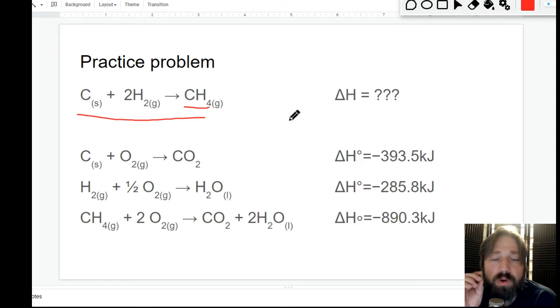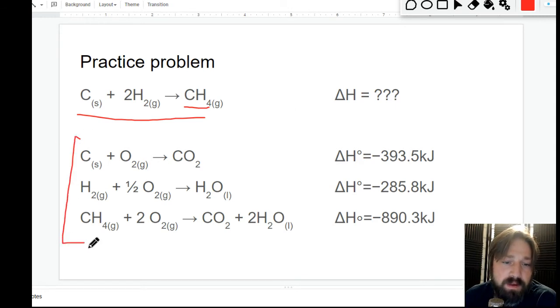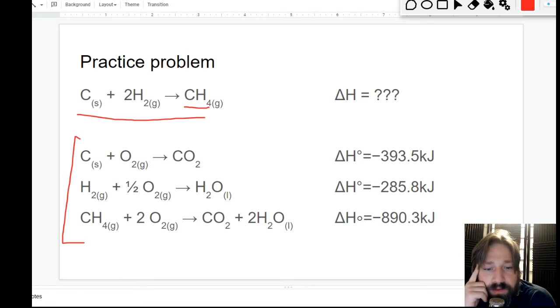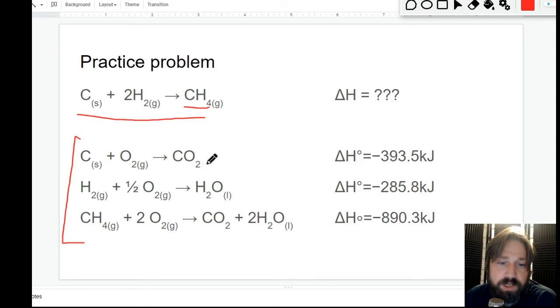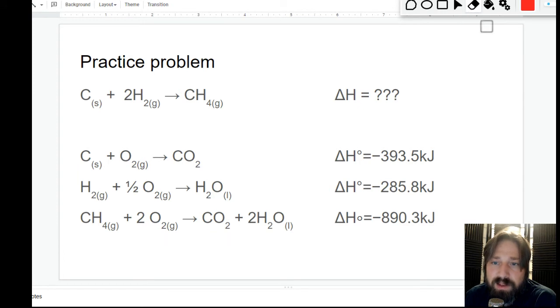I don't know what this is, but I do have a bunch of other things. I have these. So I have the heat of formation of CO2. I have the heat of formation of H2O. And I have this combustion reaction.